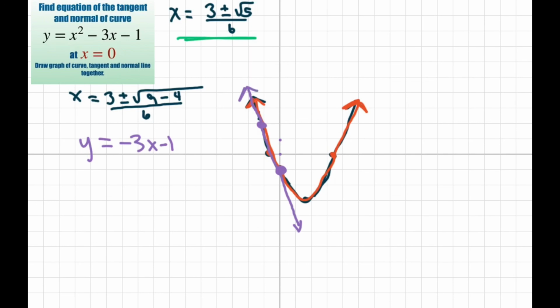All right. And then your normal was y equals 1/3 x minus 1. So that means we're going up 1 over 3. So there is your normal. And it should be perpendicular to your tangent.